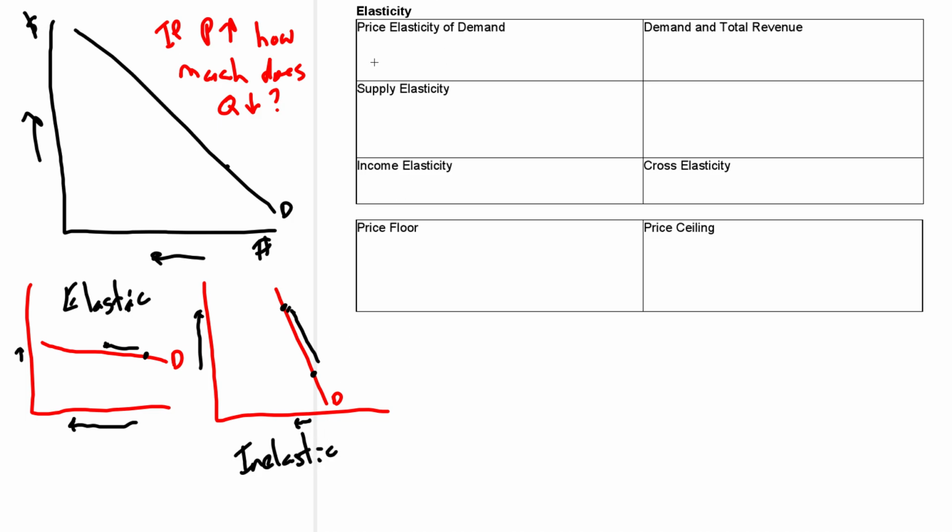I'm realizing this little tiny box right here is going to be jam-packed full of stuff, so bear with me. We can look at it this way, we can look at it that way. We can also look at it as a math problem. Oh, but you won't have to do math, don't worry. What we're looking for is the percent change in price over the percent change in quantity.